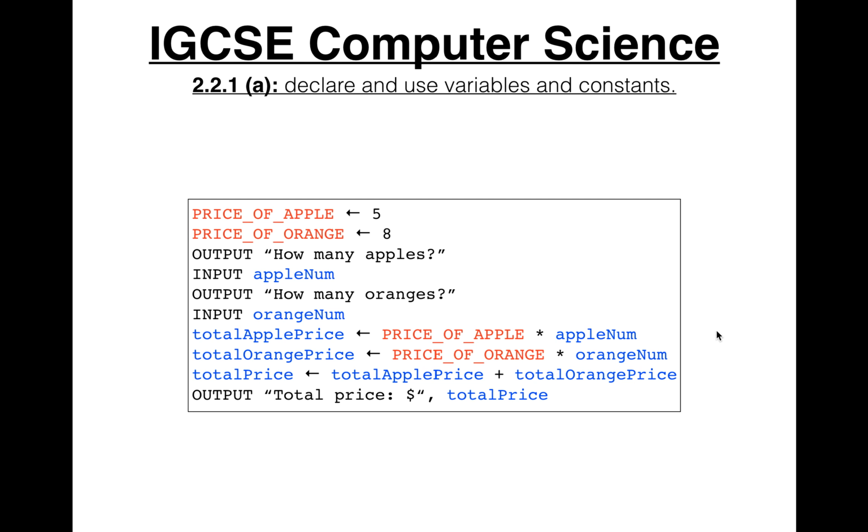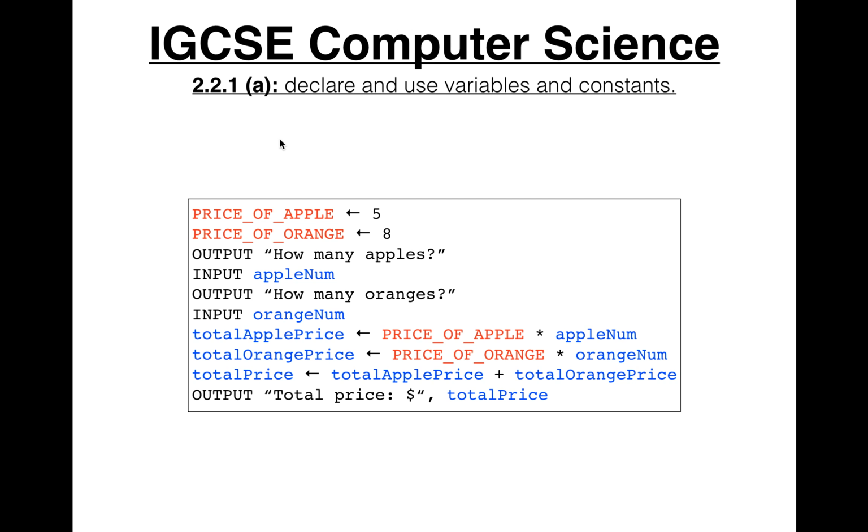What if you had a program which calculates the total, and you're a store owner, and you think, hang on, I'm not getting enough money. Let's raise the apple price from 5 to 6. Then you'd have to go through the program and change each 5 to 6, and so on. But instead of doing that, you have a constant at the top, you can just change the value, and it'll change automatically because you're using this constant.